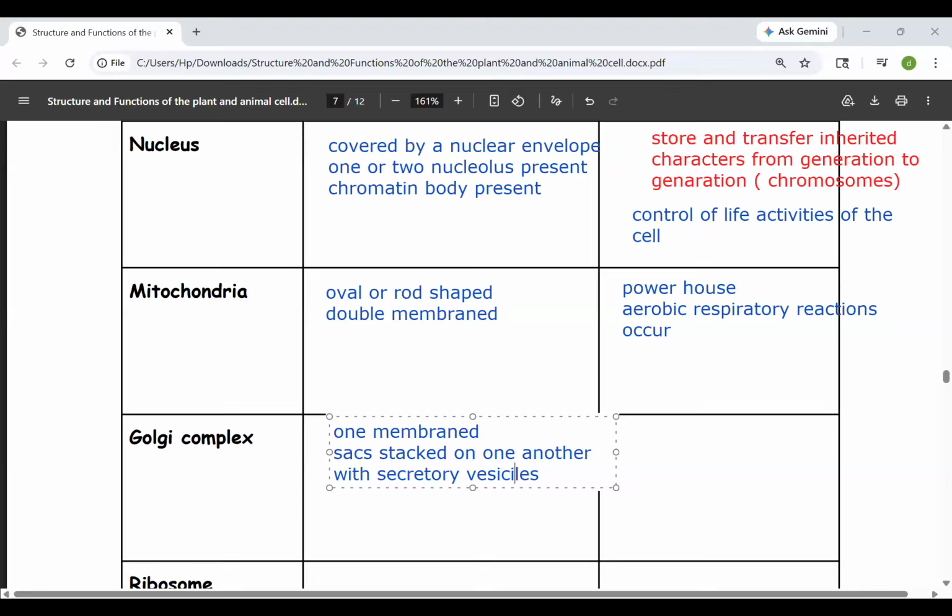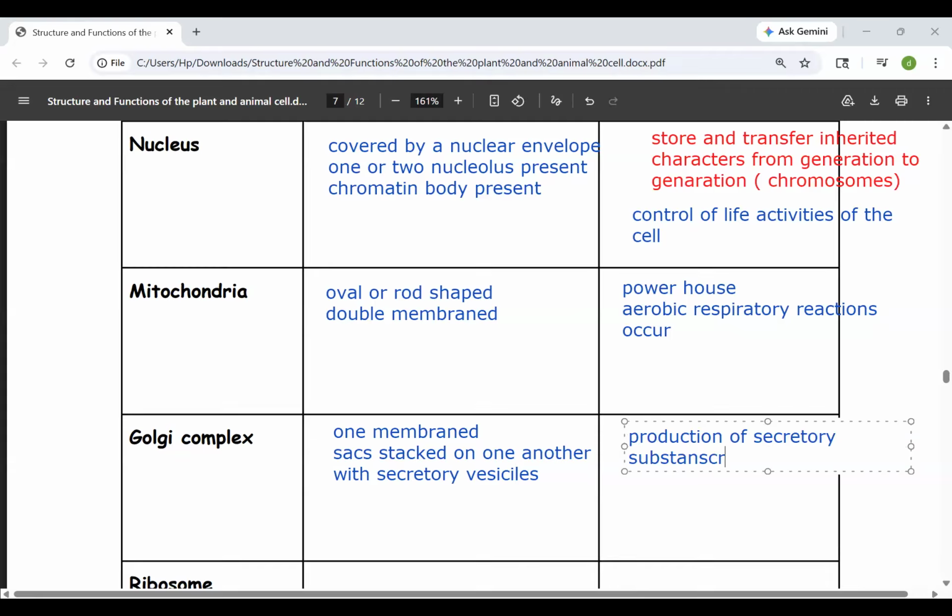Production of secretory substances. Write down. Packaging. Next one, secretion.